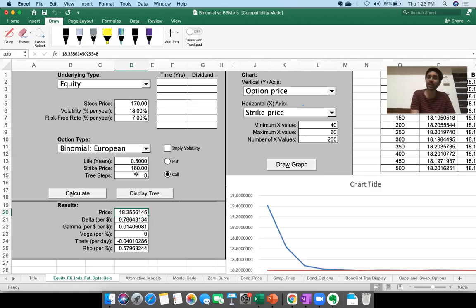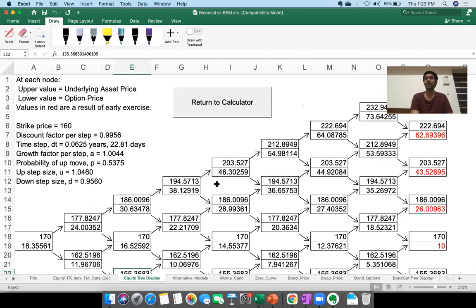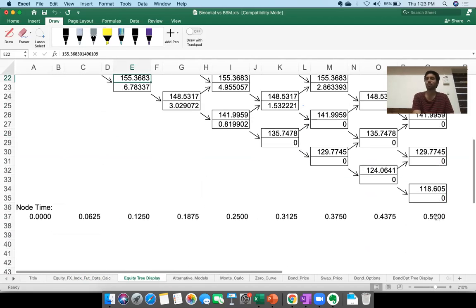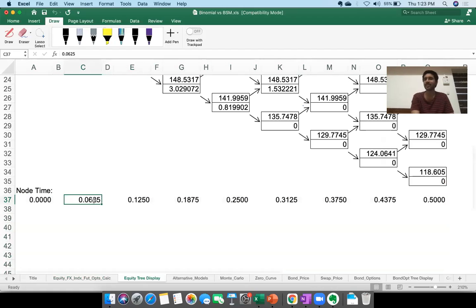So an 8 step tree is giving you a price of 18.36, and I can click on display tree here as well, and it's going to give me an 8-period binomial. What this has done is it has broken the 0.5 years into 8 time steps, where each time step is 0.0625 years.